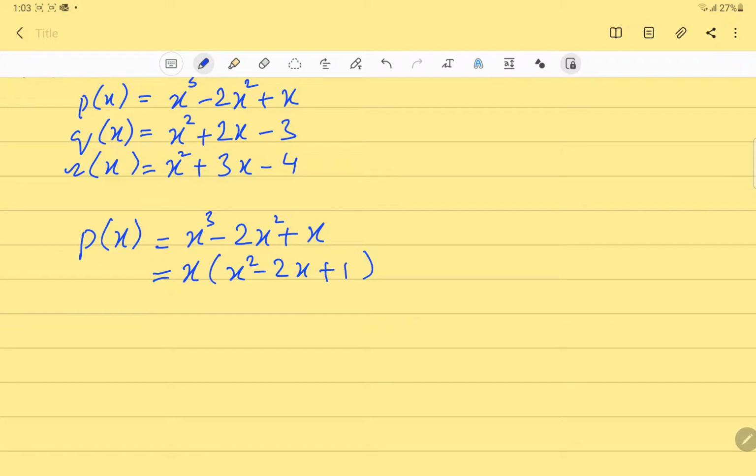In the bracket, we will factorize it as it is a quadratic expression. X squared has no coefficient, so it will be 1.